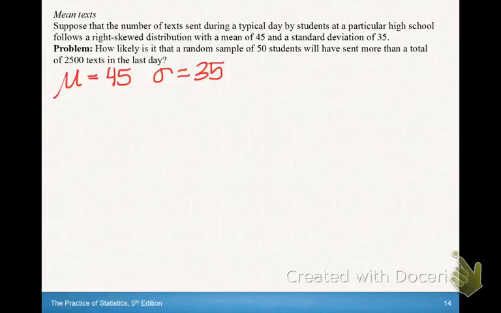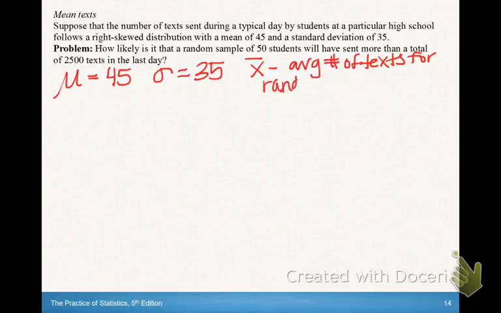We're going to let x bar be the average number of texts for 50 randomly selected students. Our goal here is we want to find out what's the probability, or how likely is it that 50 students will have sent more than a total of 2,500 texts in the last day.